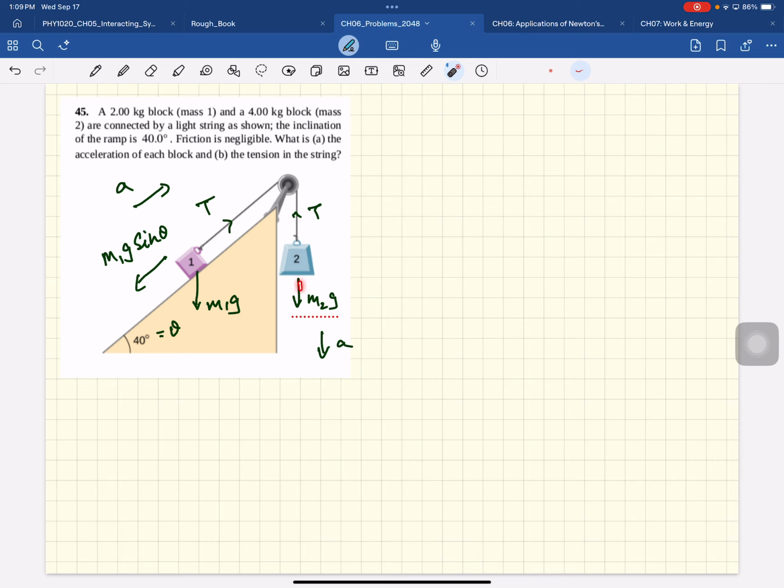For this guy, M2g minus tension is M2 times A. And for this guy, tension minus M1g sine theta equals M1 times A.